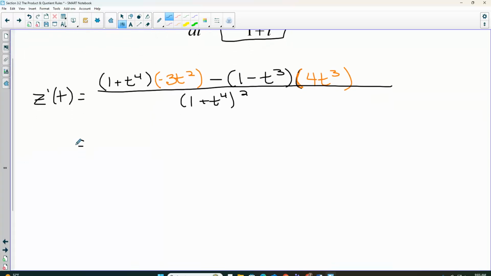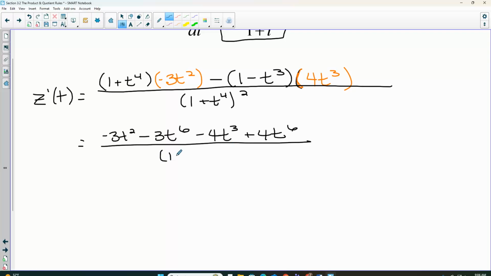So if I distribute, we get 3t squared. The 6. On this one I distribute the negative and 4t cubed. So minus 4t cubed plus 4t to the 6. You can choose to FOIL out the bottom. I am not going to.